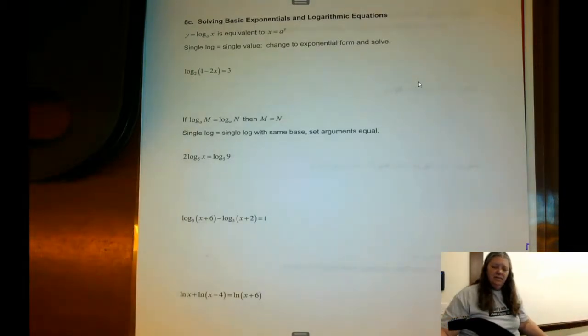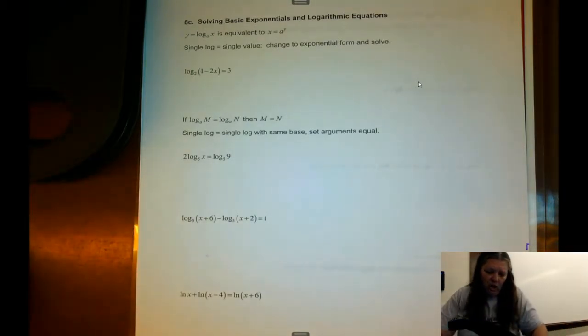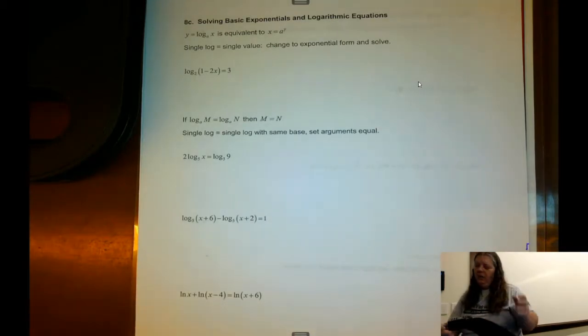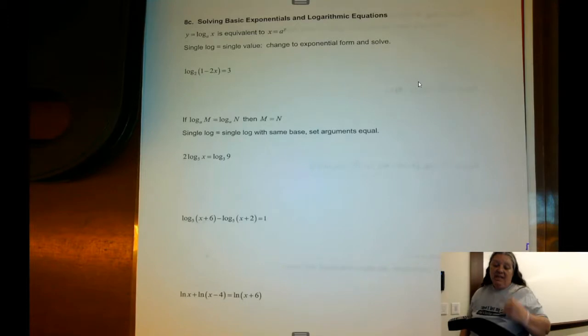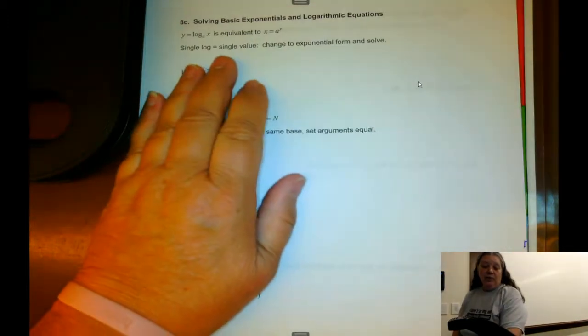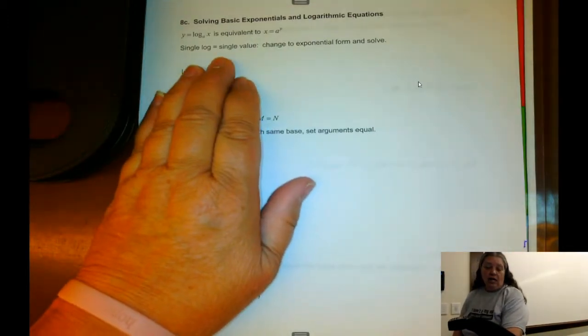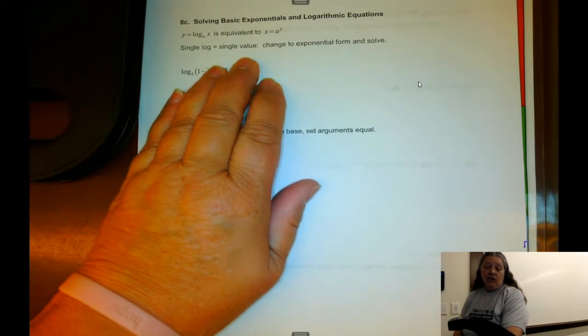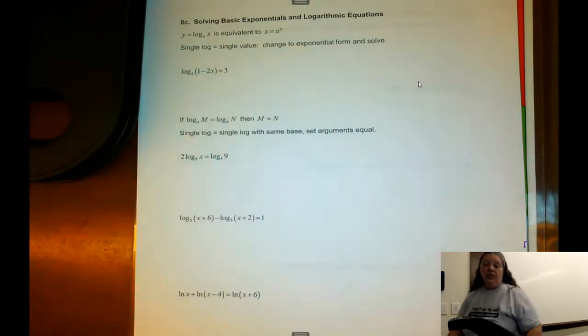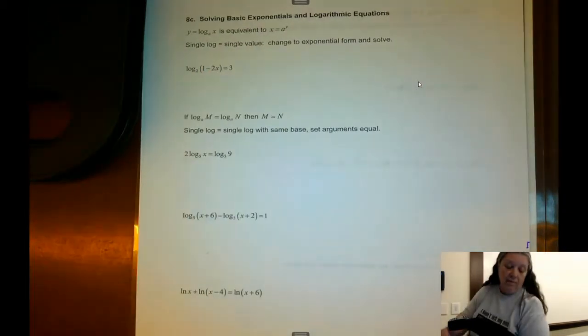Okay, we've looked at some very simple log and exponential equations, but we're going to continue looking at some. Now, if you have an equation of the form a single log equal to a single value, you're going to change it to exponential form and solve. So that's what we have here.